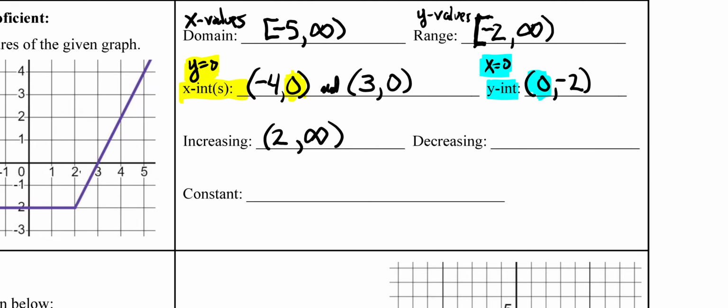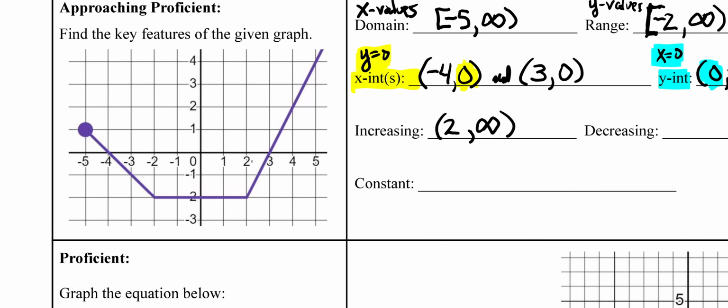Decreasing. Where is this decreasing? Well, that's where, as you move from the right to the left, it goes down. Again, right at this point, it's not increasing, it's not decreasing, it's just right there at a point. And so again, even though this is a dot, we would use an open circle because right at that point, it's not doing anything.